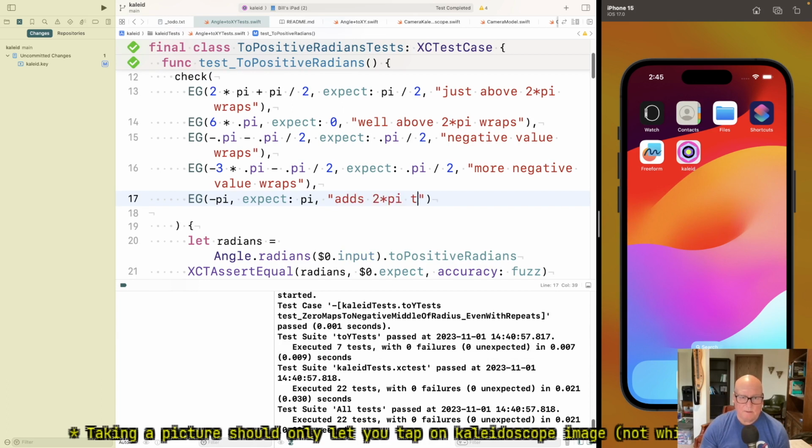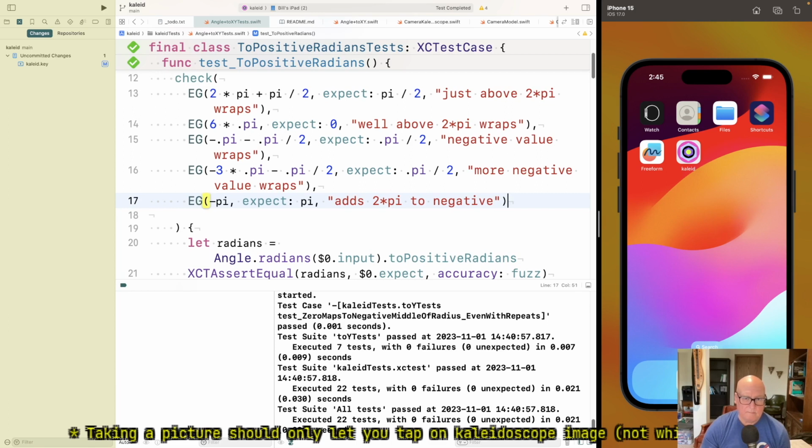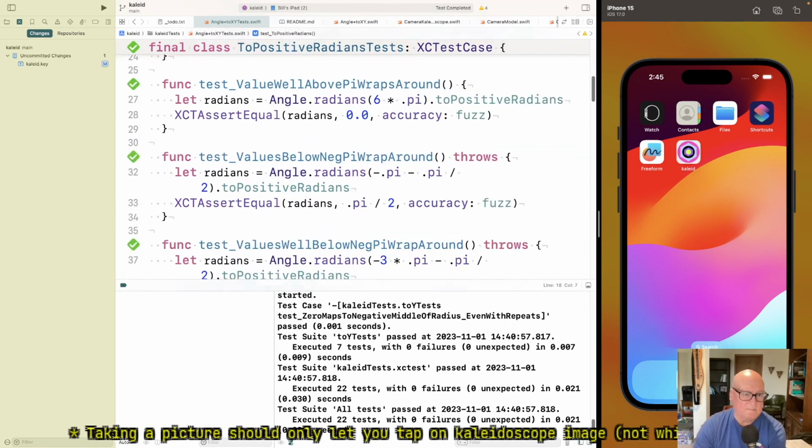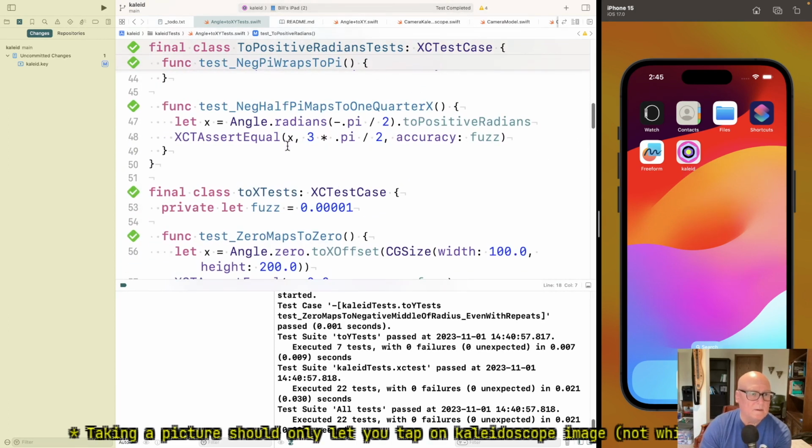It's 2 pi to negative. And one more. Okay. Negative half a pi goes to 3 pi over 2.